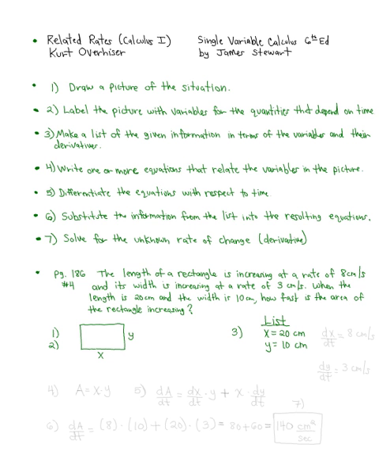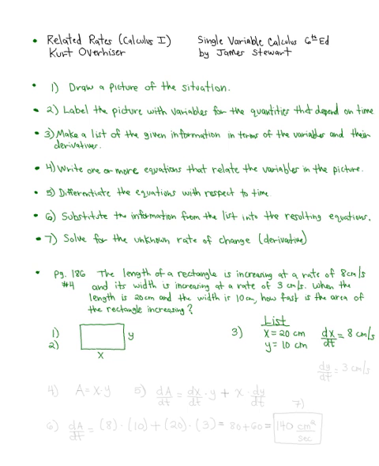And then there are two rates of change here. It says the length of the rectangle is increasing at a rate of 8 centimeters per second. The length of the rectangle is increasing at that rate. That means we're dealing with a derivative. So we can write down that the derivative of x with respect to time is equal to 8 centimeters per second.